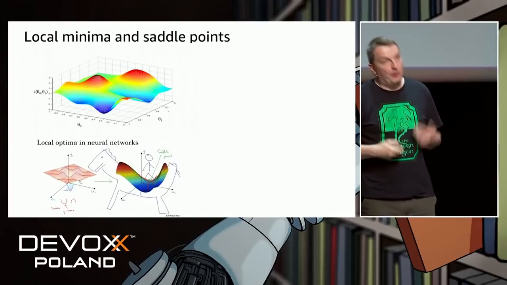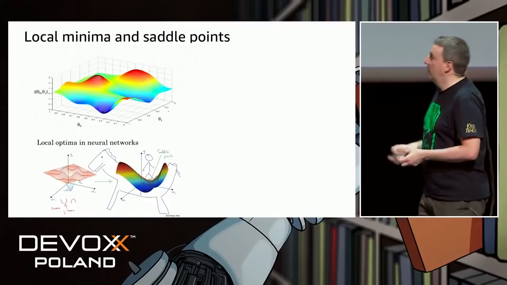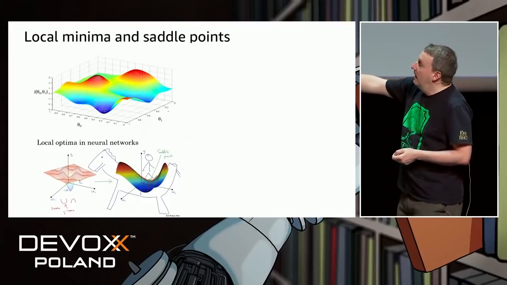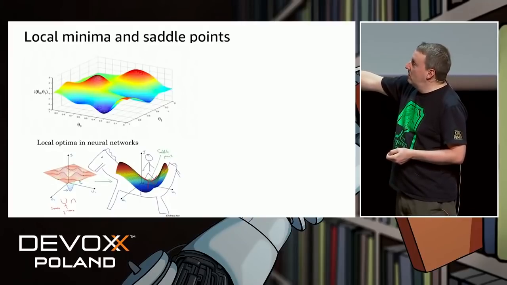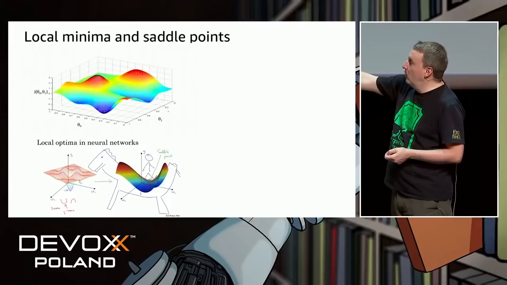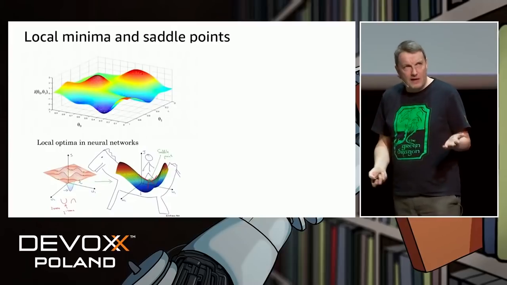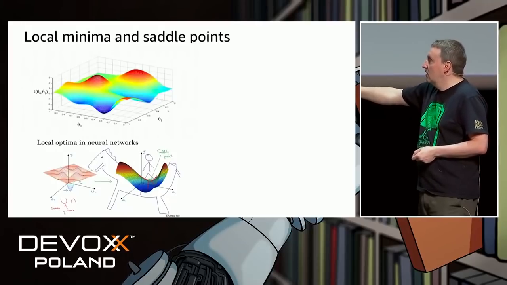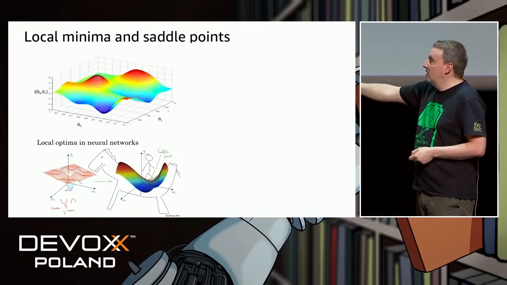And another problem could be saddle points. And this one is actually even worse. So it's like a horse saddle. And in this direction, we can see that this point here, the green point, is actually the minimum, so fine. But in the other direction, this point here is actually a maximum.